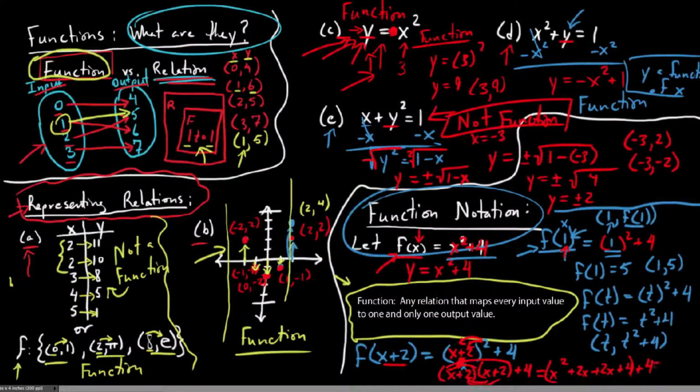So we end up with a final quantity of x squared plus 4 total x's, plus 8 total constants. But let's get used to this function notation, because we're going to use it often.